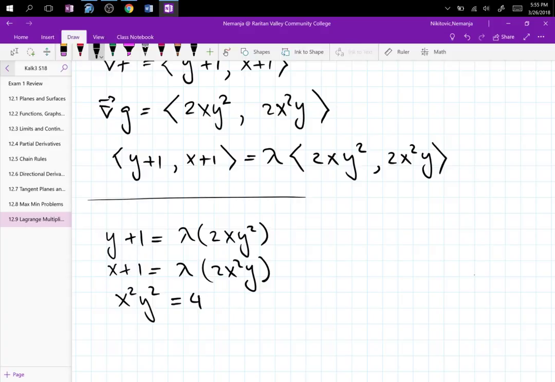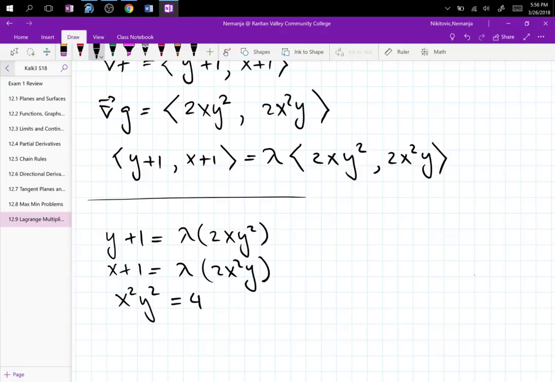We have three unknowns, x, y, and lambda, and we do not care about lambda, ever. So when you are solving these problems, if you can eliminate lambda, go ahead and do it, because there is no need to have lambda around.